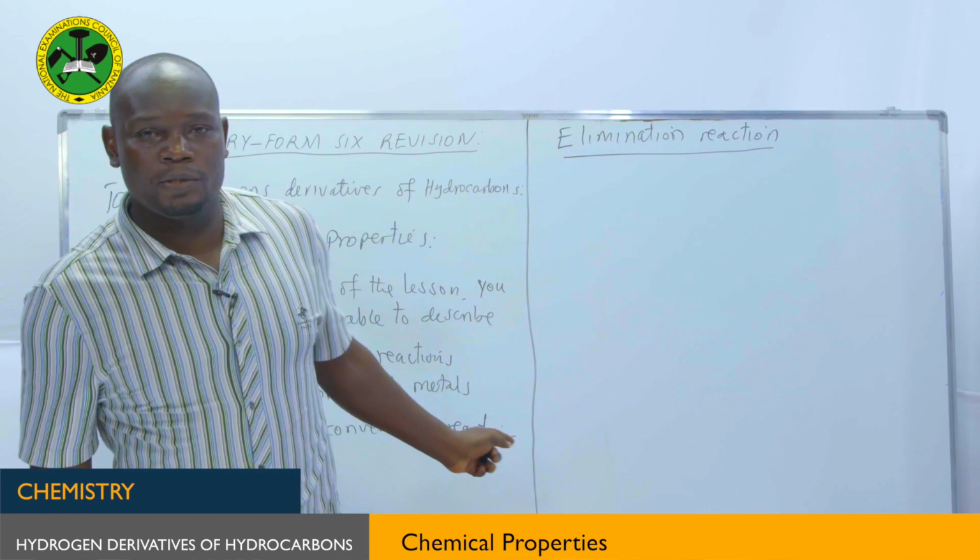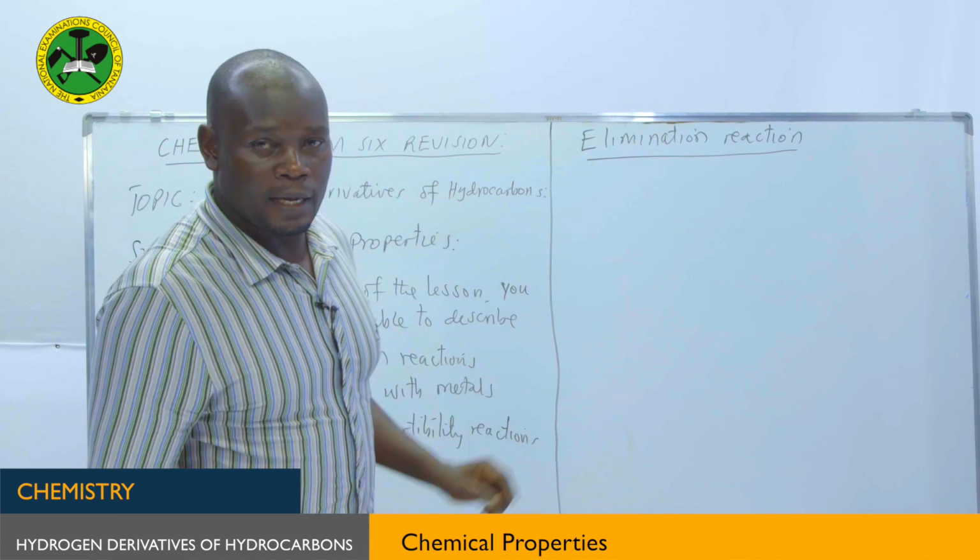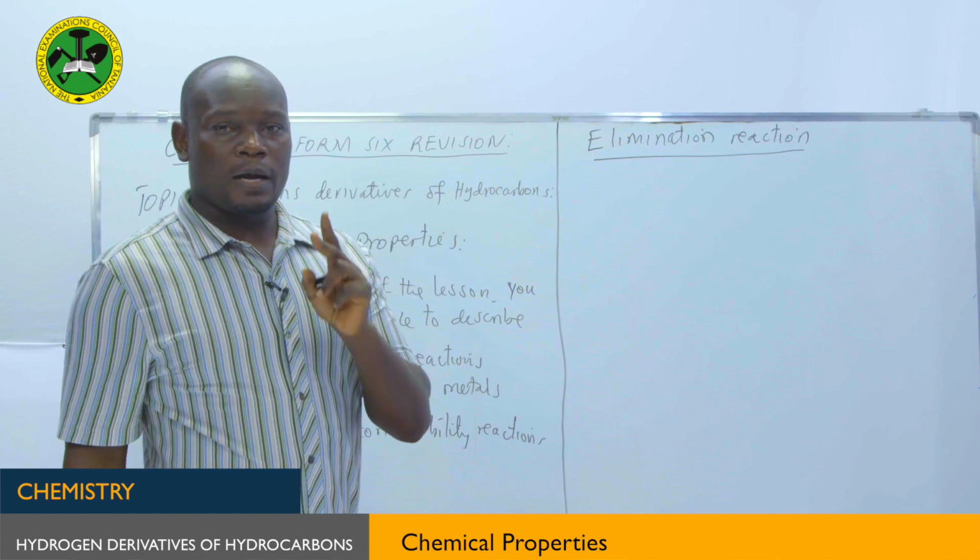Elimination reactions in halogen derivatives of hydrocarbons can be classified into two categories.